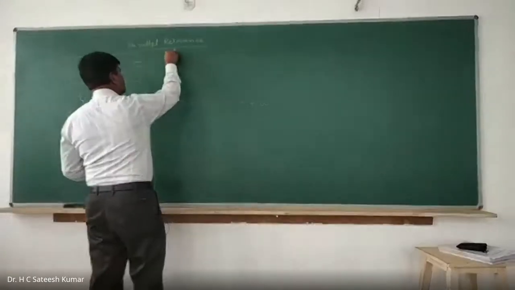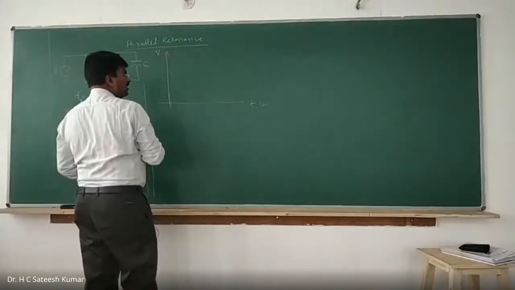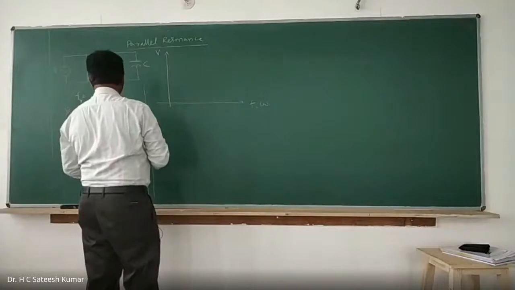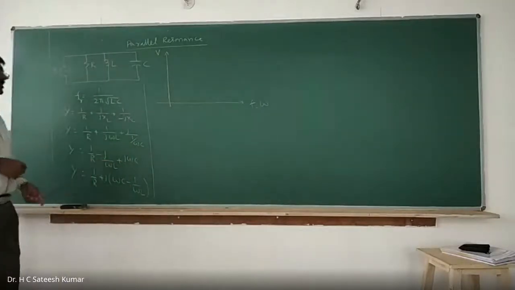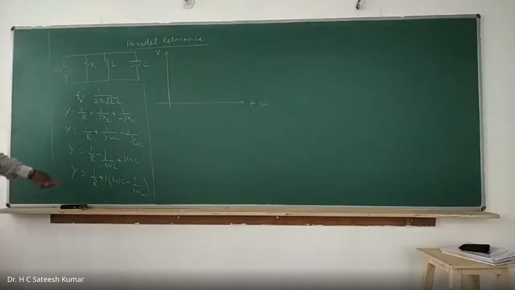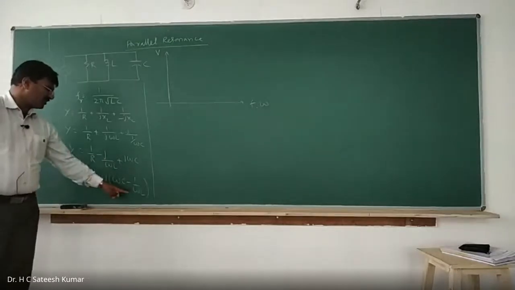And as usual, we have the voltage variation here. The voltage variation will be like this when the impedance is maximum. At resonance, the reactance part of the admittance is 0. The reactance part of the admittance is 0, and this we call susceptance.